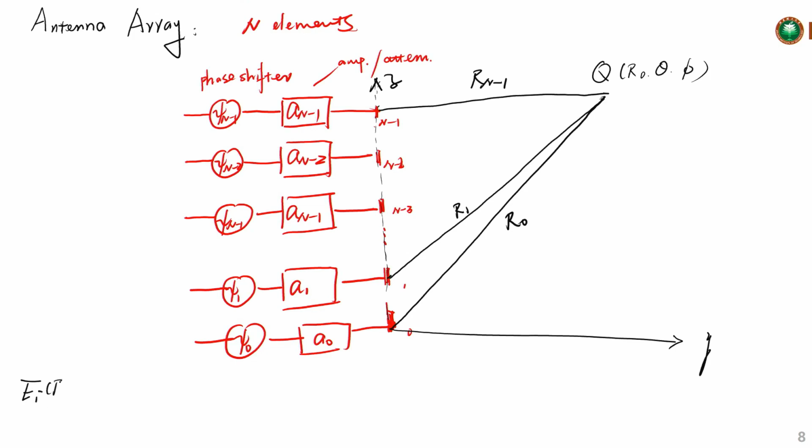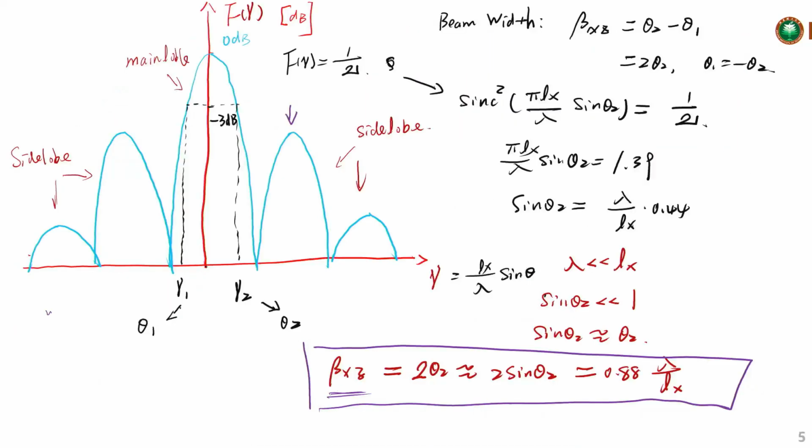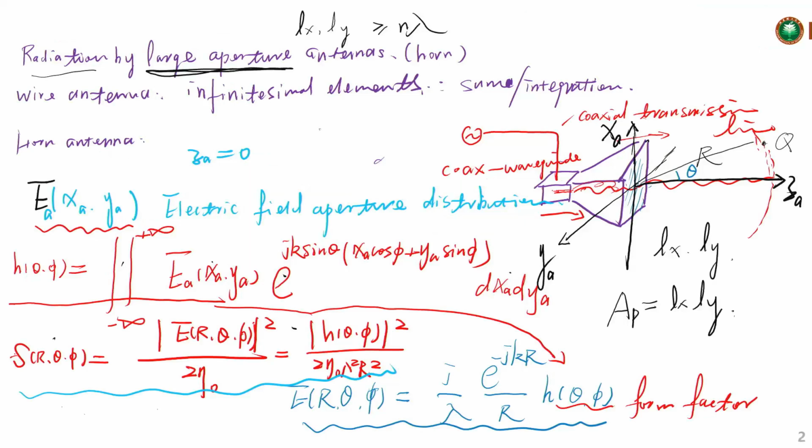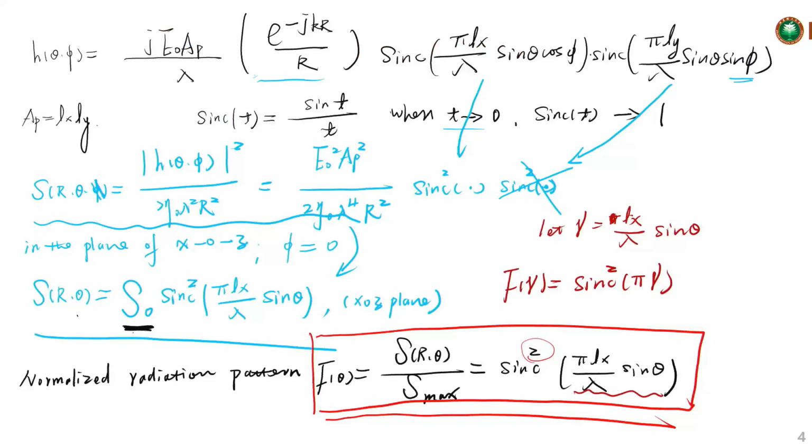Its distance is Ri, right? Theta and phi. It can be expressed as what kind of form it should look like. Let me come back to the expression. Oh, I erased it. Okay, no problem.